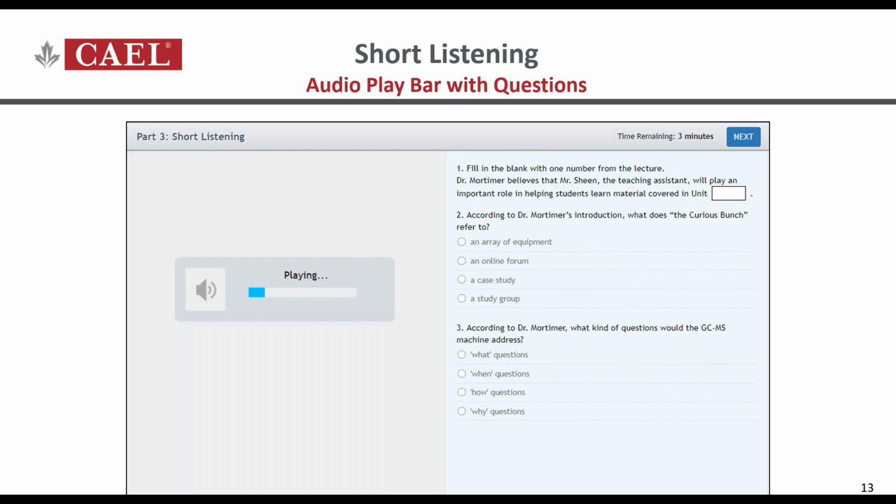All right, so this is what it looks like when the short listening starts to play. And that's when basically the countdown timer changes to the blue bar timer. Okay, and so instead of the number of seconds, it's just a blue bar. Okay, what does the blue bar tell us about the audio that we've heard?